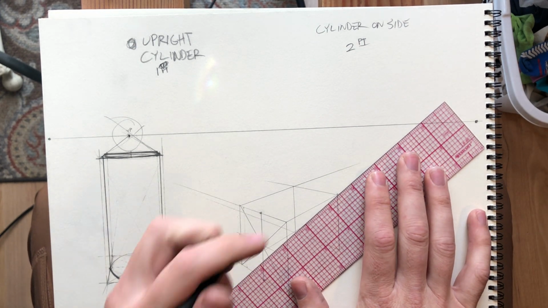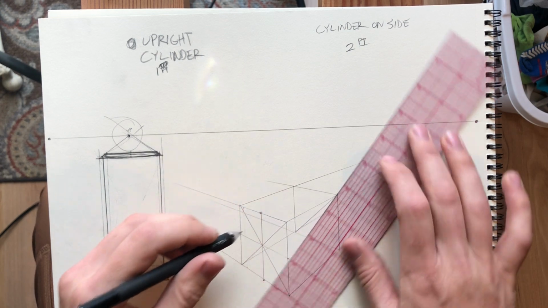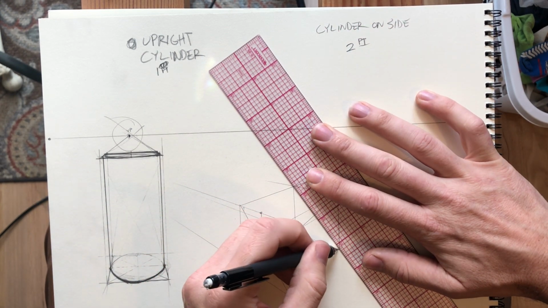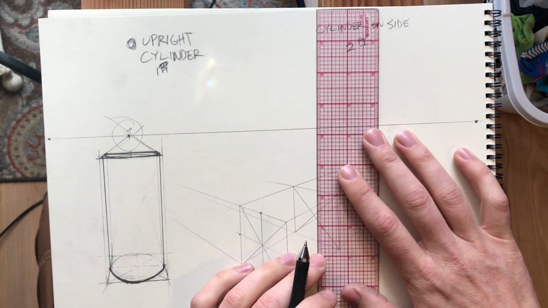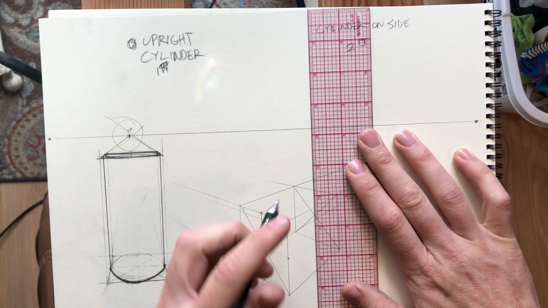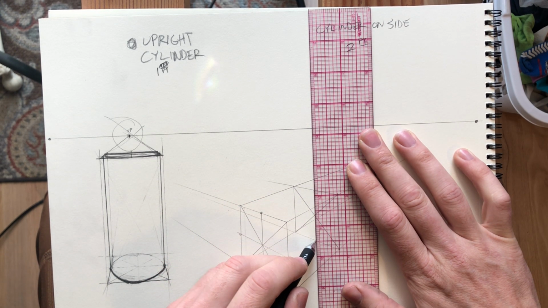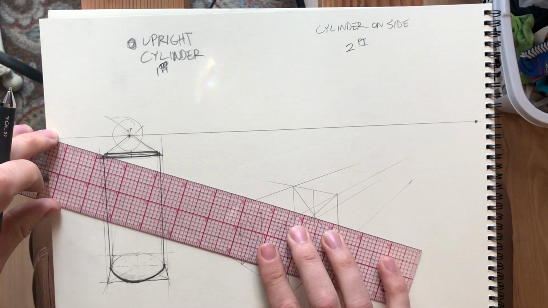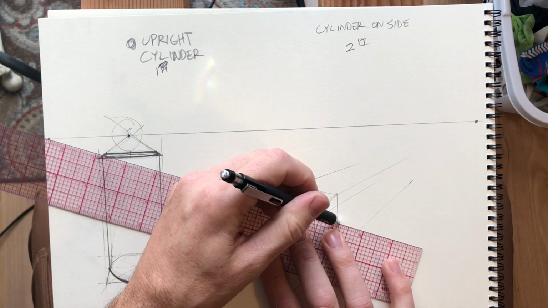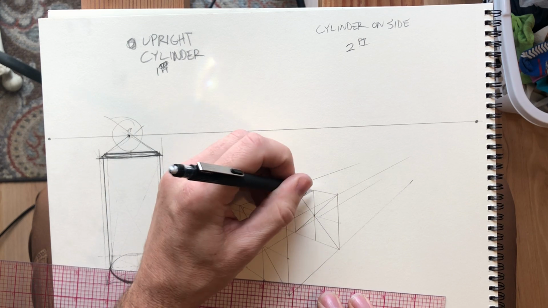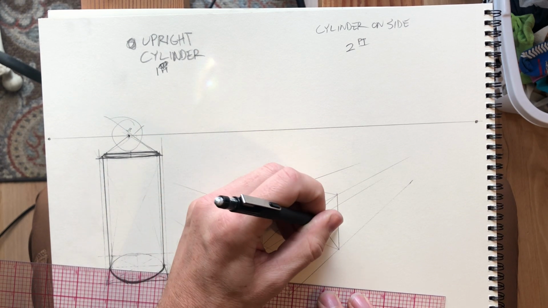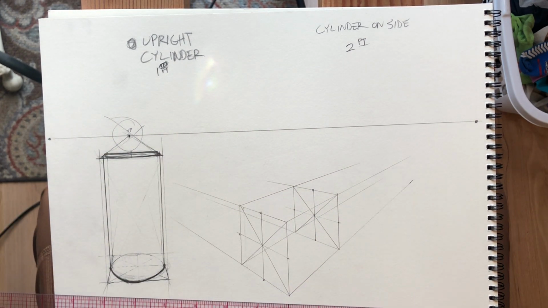I'm going to find the back end as well. So I'm going to divide this plane. Vertical and the vanishing point. That's dead center. This ellipse has to pass here, here, here, and here.